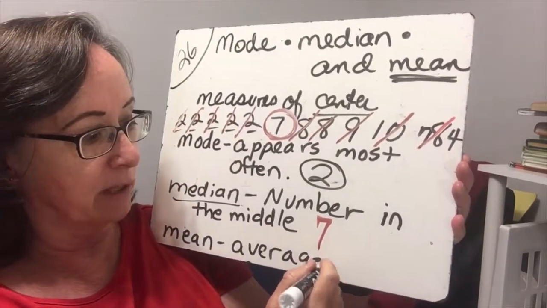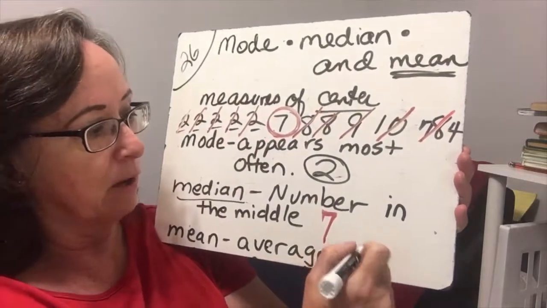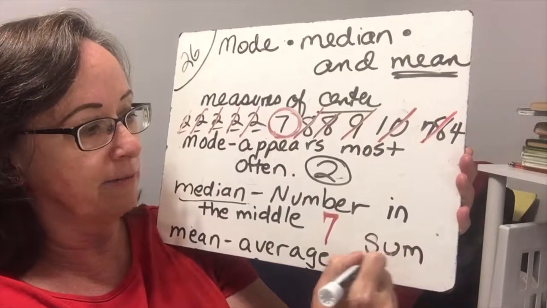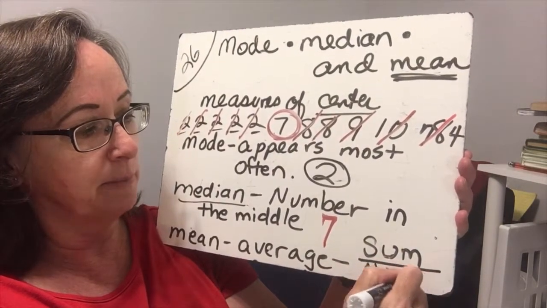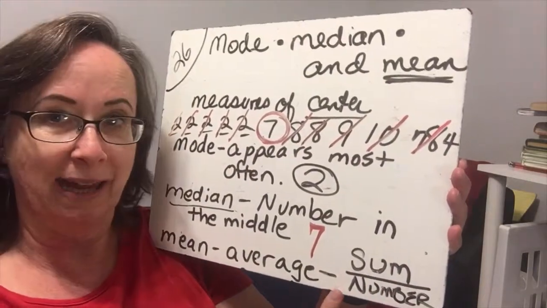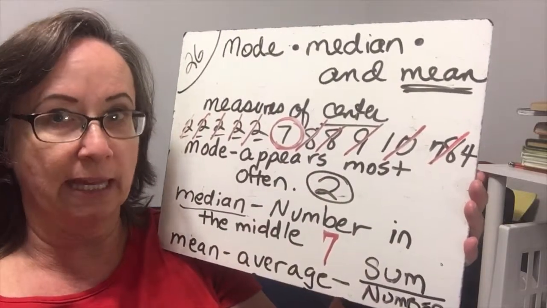So we would say a good definition for the average or the mean would be the sum of all the numbers divided by the number of items that we have. Okay, so we're going to play mostly with this mean here. These others we were just introducing in the lesson.